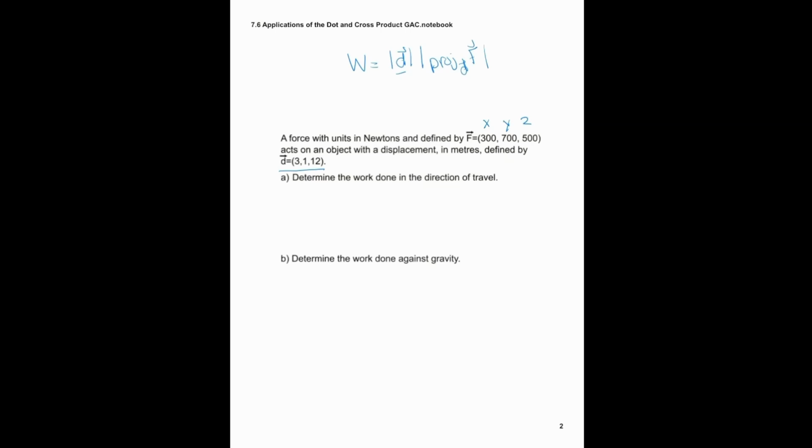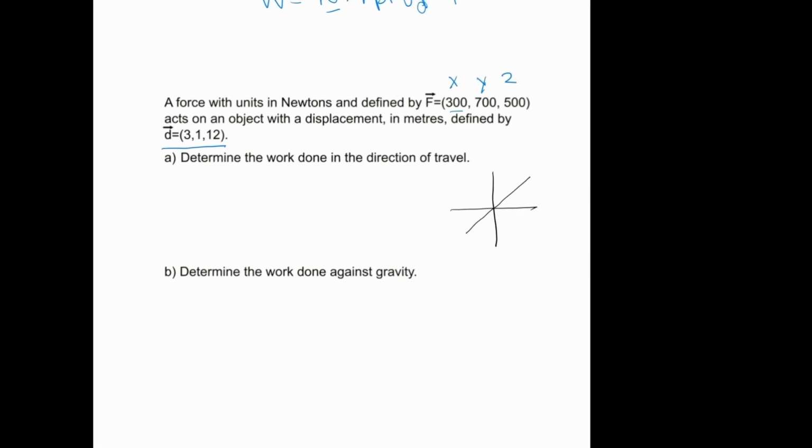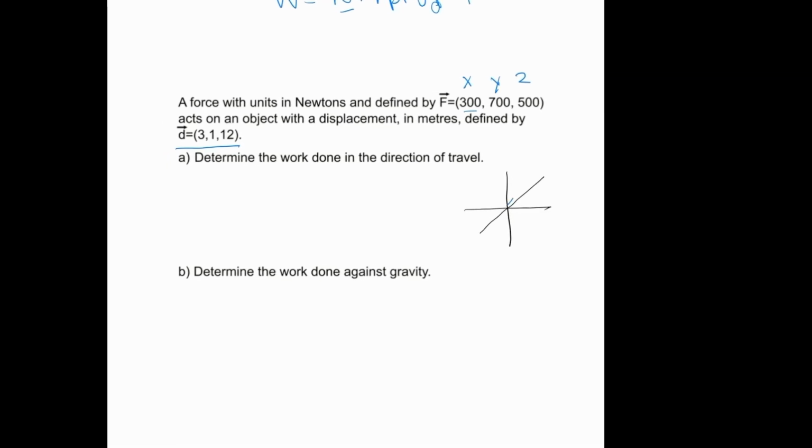So let's think about what this looks like for a second, and I'm going to do my best to draw it out here. Here's my x, y, and here's my z. I have my force vector, which is significantly stronger, or has more magnitude, than the displacement.